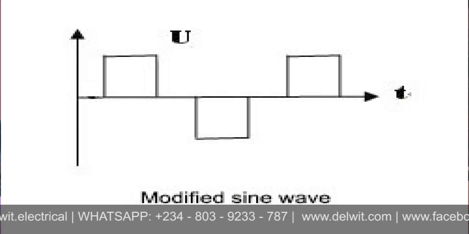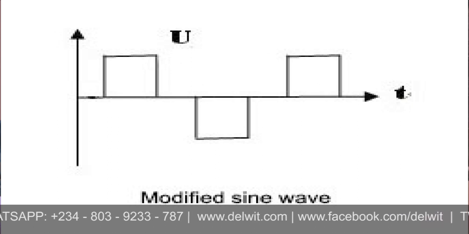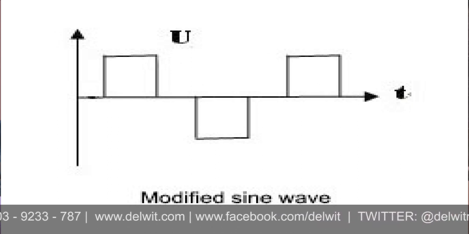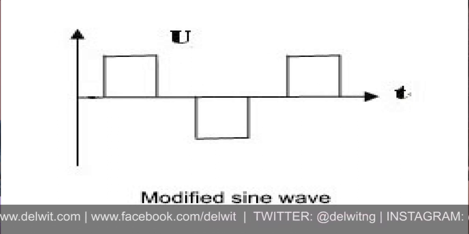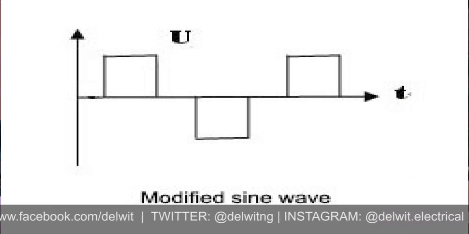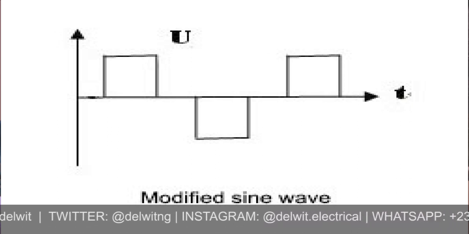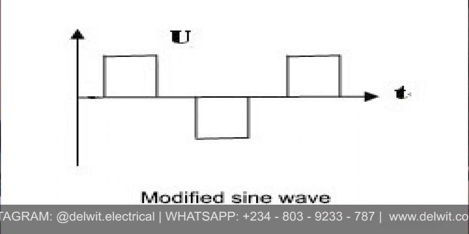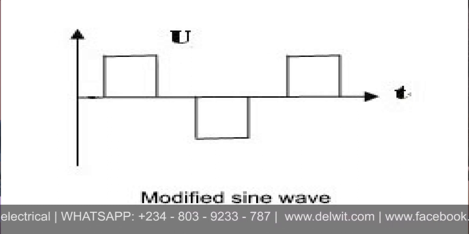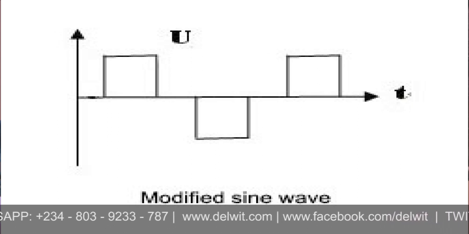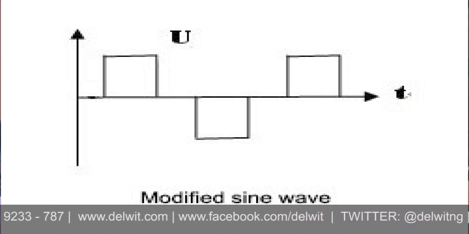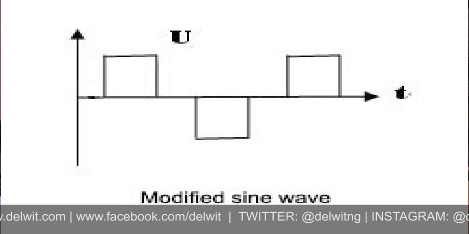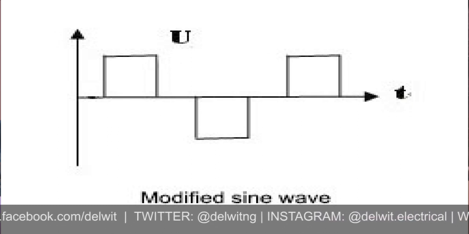The second one is the modified sine wave. From our graph, you will see that the modified sine wave is also squared, but with space in between. That space shows the positive half cycle, the negative half cycle, then a small space between them. It has a total harmonic distortion of approximately 45%.